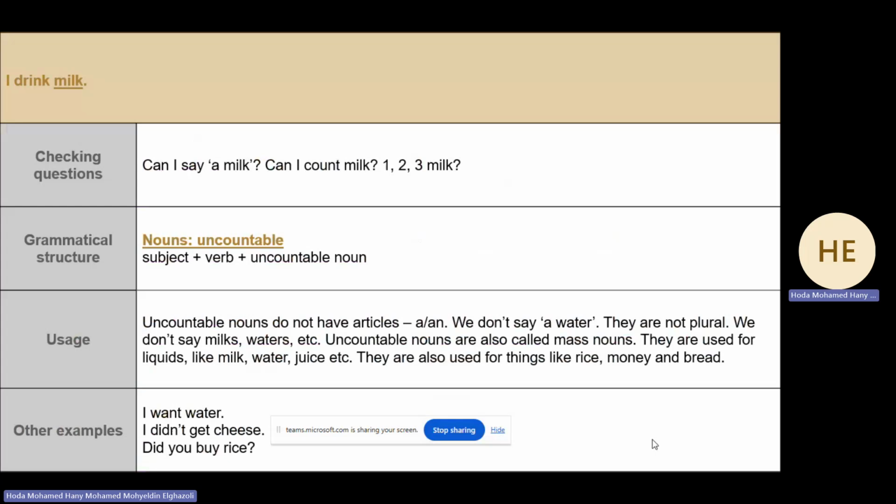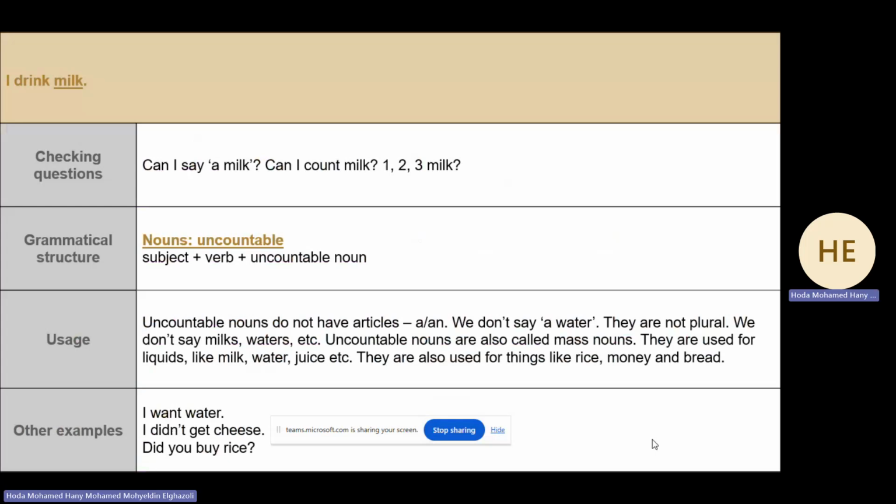We don't say a water, or we don't say waters. They are not plural. Milks, waters, rices are incorrect because uncountable nouns don't have the plural form and they don't have the singular form either. We don't use a or the plural form.